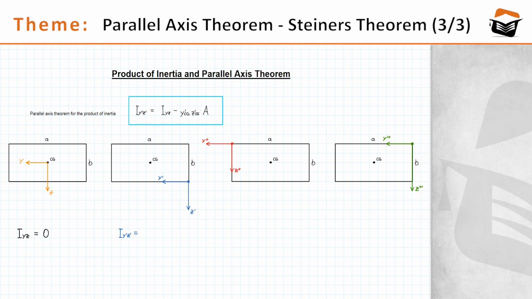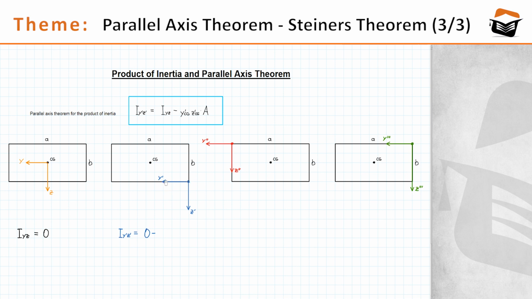So basically for a centroidal coordinate system. And as you know, the product of inertia with respect to such coordinate system is 0, as we have shown here. So you can just write down 0 for I sub yz, and then minus y sub cg prime, that is the distance along the y prime axis between the centroid of the body and the origin of the coordinate system.